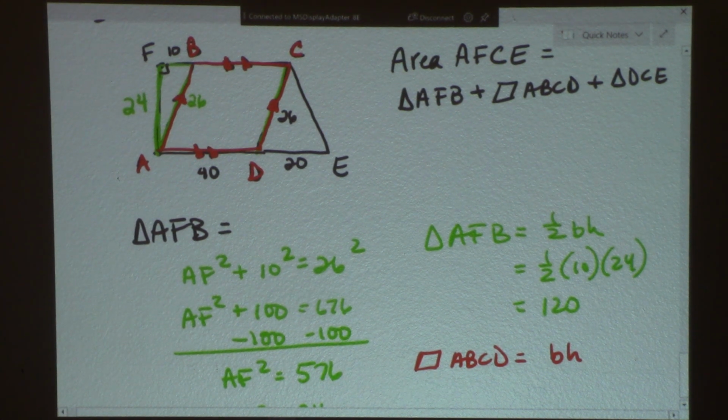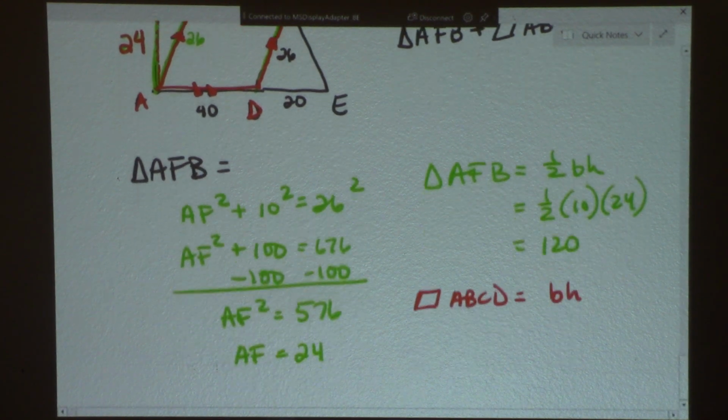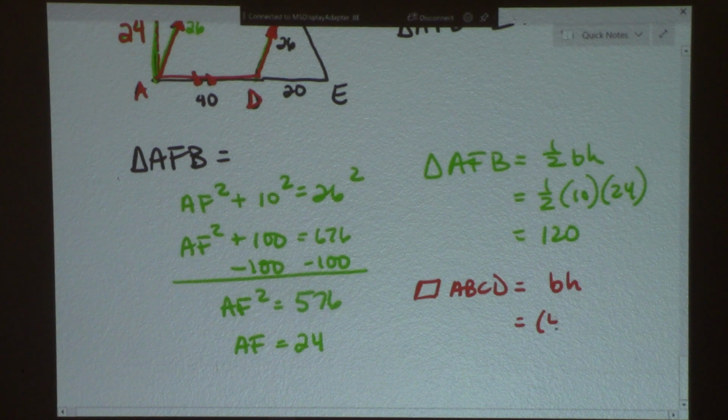What's the height? It's going to be the perpendicular distance. I can extend both sides out here, and that is 24, isn't it? So the 24 didn't just help me for the triangle AFB, it also helped me for the height of the parallelogram. My base is 40, and my height is 24. When I multiply those together, I get 960.